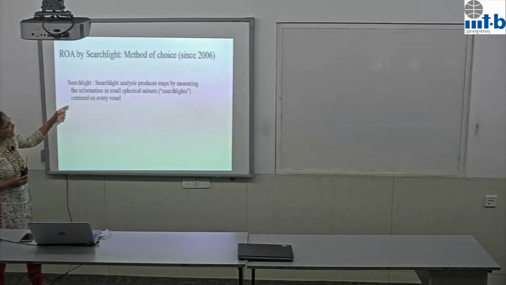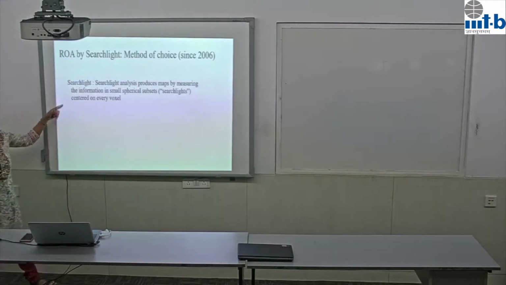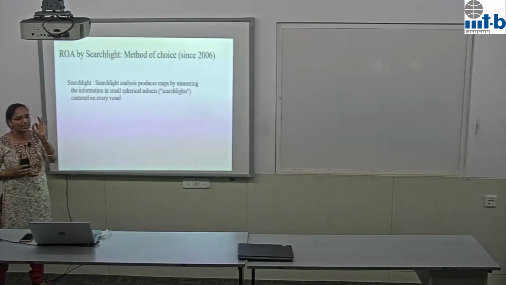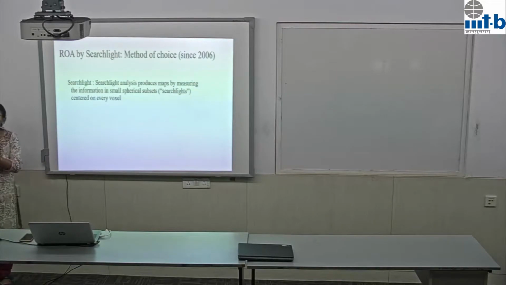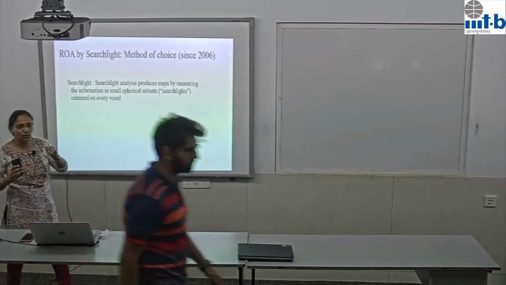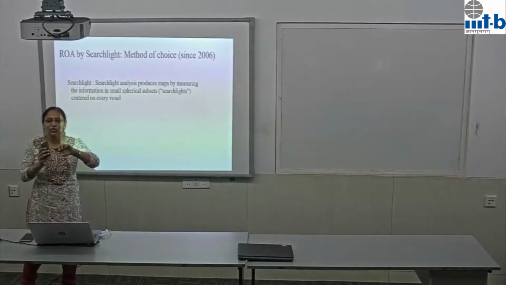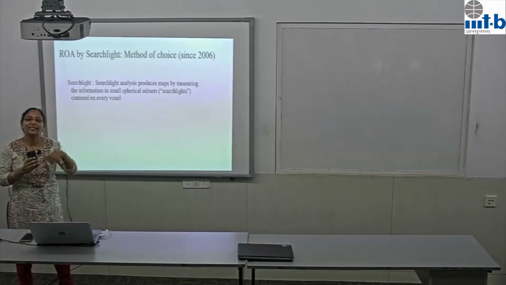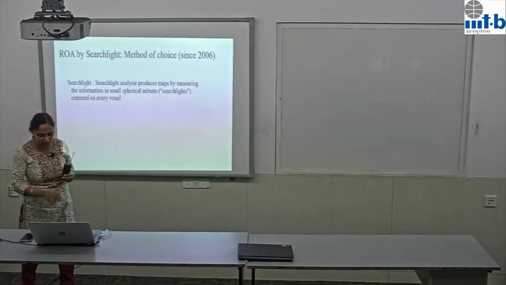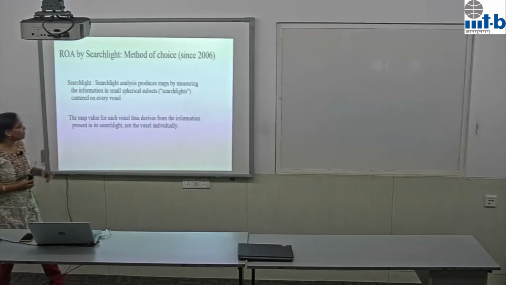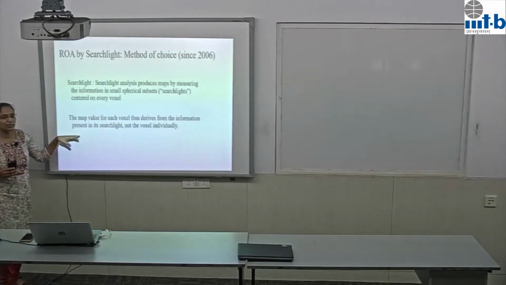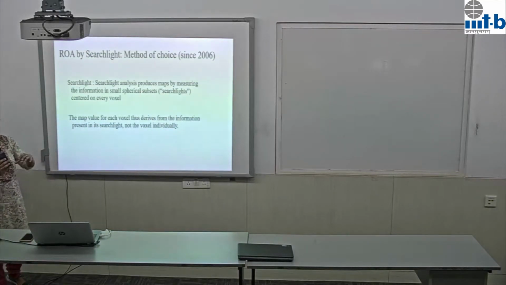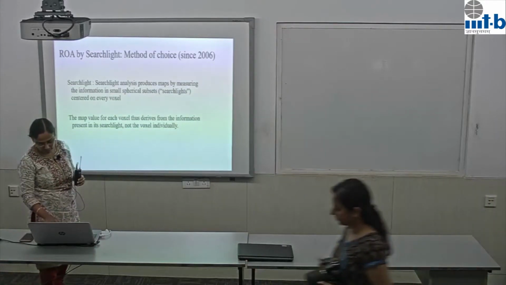They said this analysis produces maps by measuring information in small spherical subsets centered on every voxel. So now you have some context also. You know that no region of the brain could be acting isolated. So you look at the neighbors' information and then decide on what the central voxel is doing. The map's value for each voxel is derived from the information present in the entire neighborhood and not individually by the voxel itself.